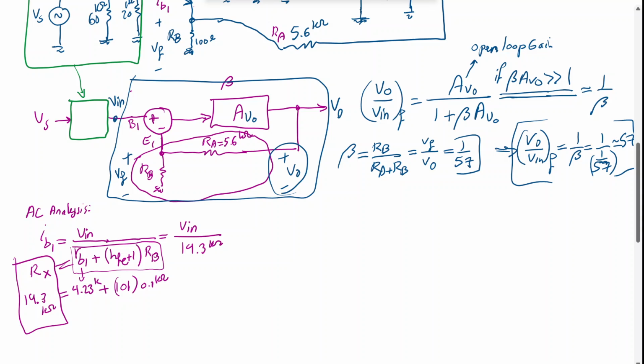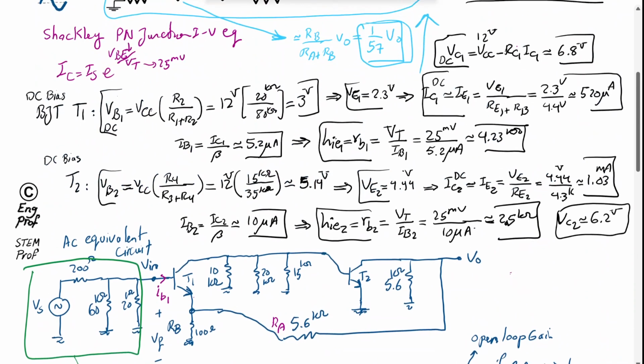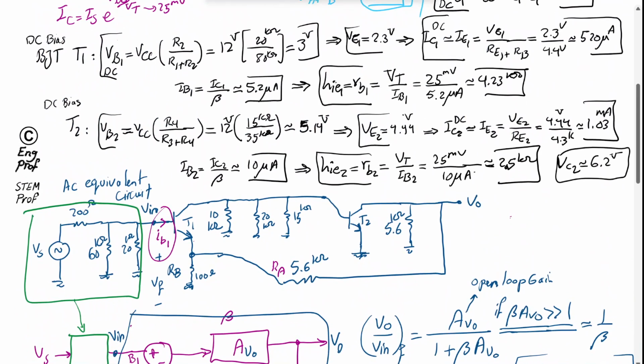But the nice thing is, if you take a look at the way transistors work, when we have IB1, then we have roughly the hFE times that, which means we have 100 times IB1 as IC1. Now, of that current, we only care about the portion that goes through T2, which is IB2.